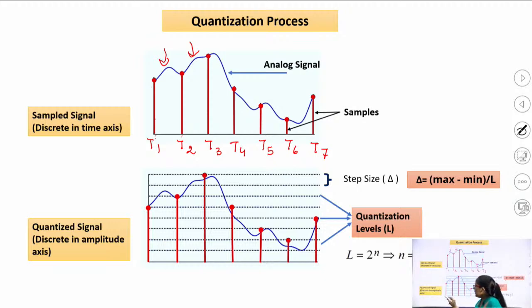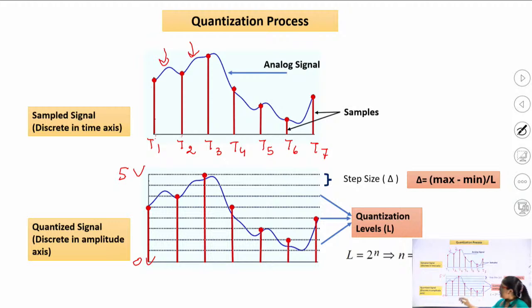Let us consider that the minimum amplitude of this continuous signal is 0 volt and the maximum signal value is 5 volt. We can divide this range, 0 to 5 volt, into an equal number of levels.